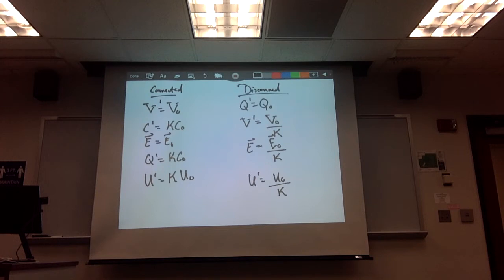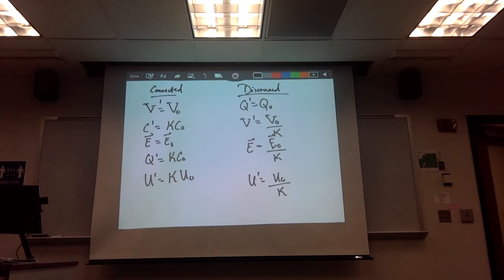This is then the overall effect onto the circuits, or at least that's a capacitor anyways, when I connect the dielectric while it is fully charged, but it's disconnected from the battery. Okay.